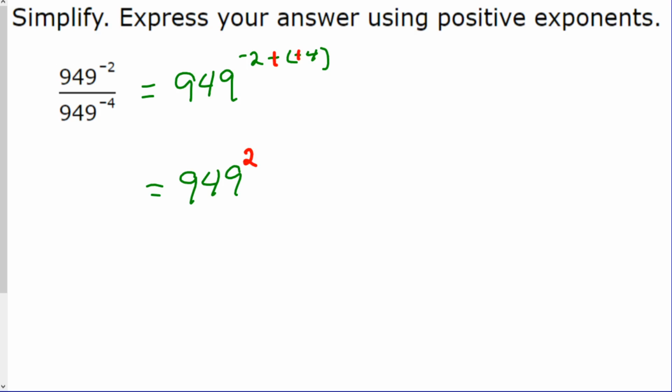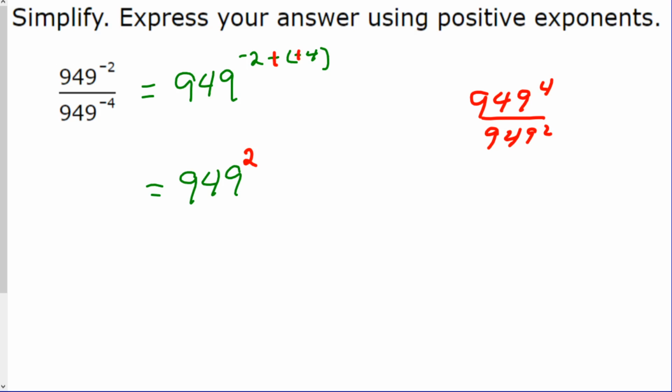Now, just to show you that worked out that way, let's look at this. If these are both negative, we could flip this over. We could invert it, and we end up with 949 to the 4th over 949 squared and positive exponents. And since we're dividing, we can still subtract. 4 minus 2 still gives us the same answer.